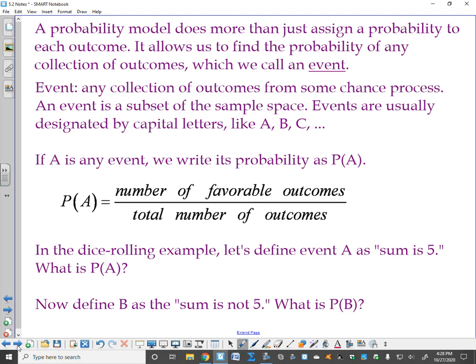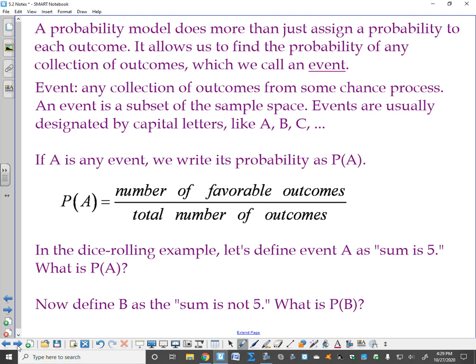Events are usually designated by capital letters like A, B, C. If A is any event, we write its probability as P of A. P stands for probability. So P of A, the probability of event A, equals the number of favorable outcomes over the total number of outcomes.